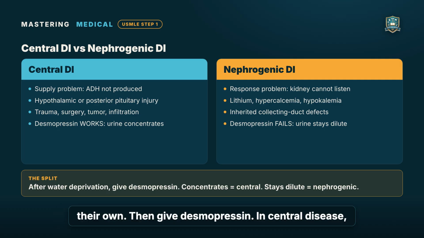Then give desmopressin. In central disease, urine osmolality jumps, usually by more than 50%, because you just supplied the missing hormone. In nephrogenic disease, almost nothing happens because the kidney was never able to listen. Supply versus response decided by one injection.